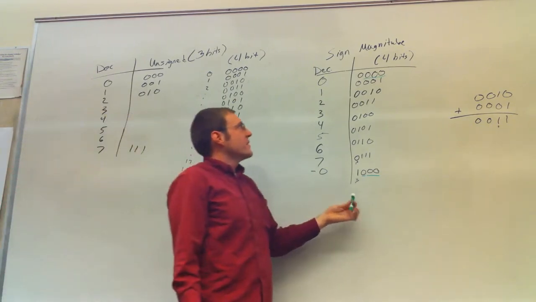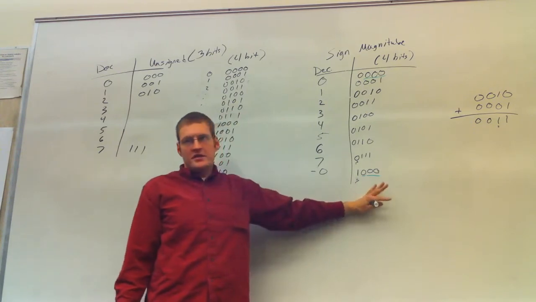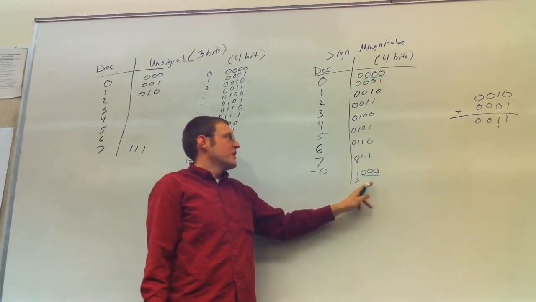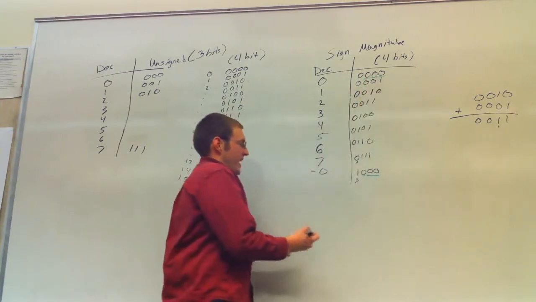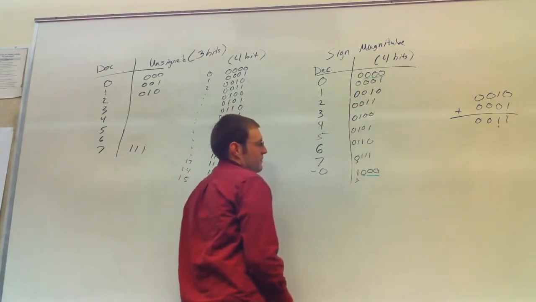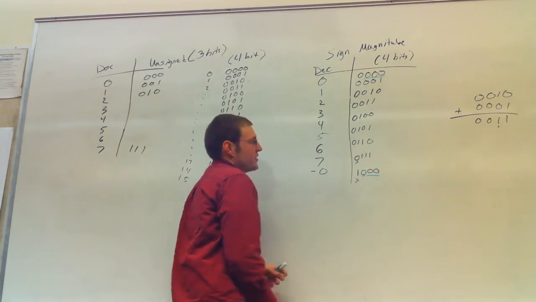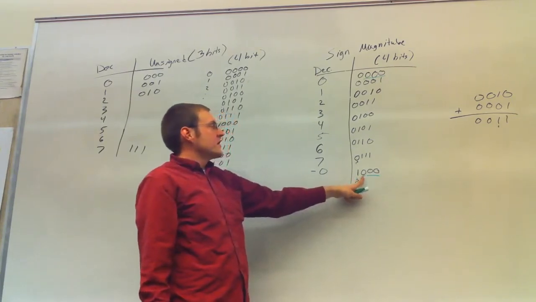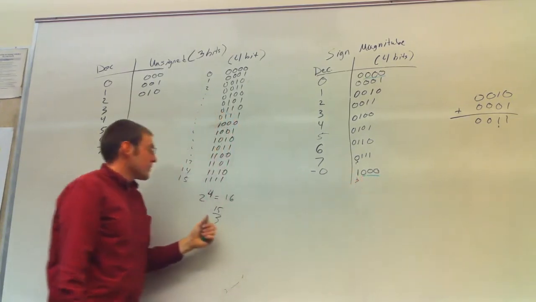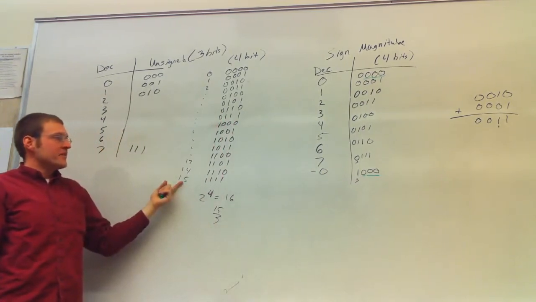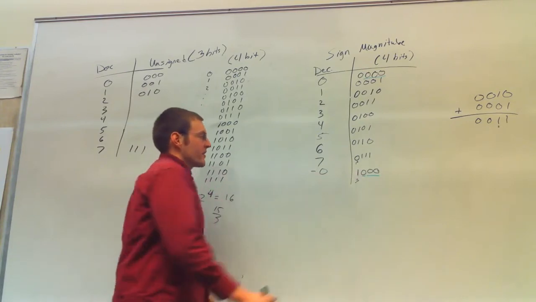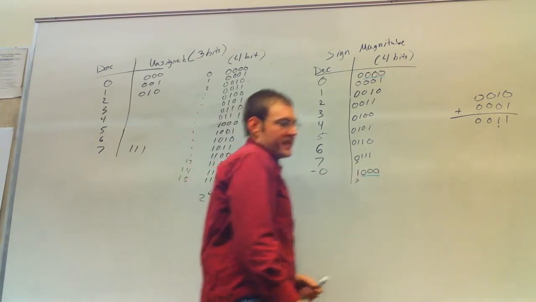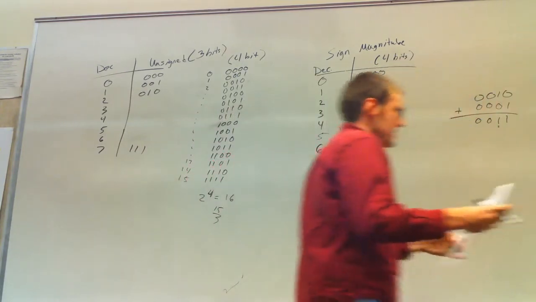But when we want signed numbers, the first way is sign magnitude, right? All we did was add a sign bit on there. So we lost some ability: we can't represent 15 anymore because now I'm using that 1 bit for a sign bit. So now I can only go to negative 7.